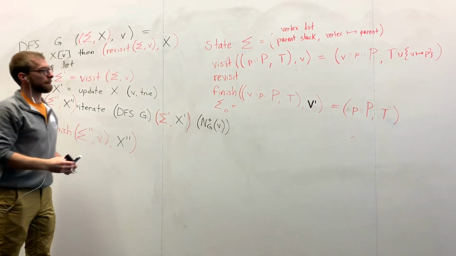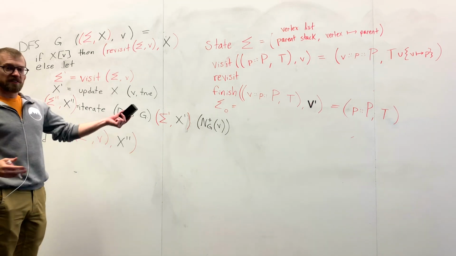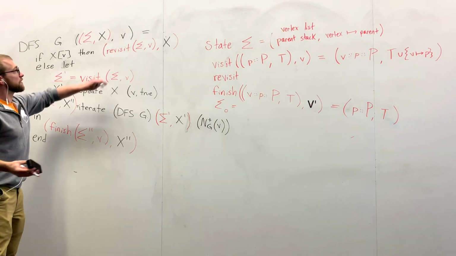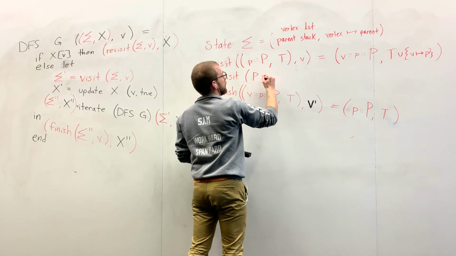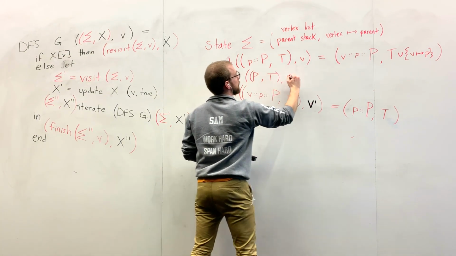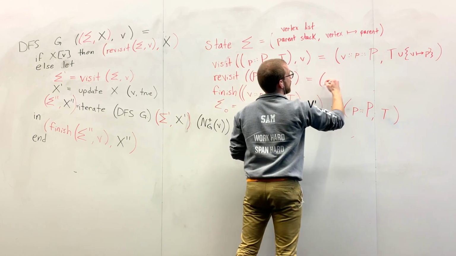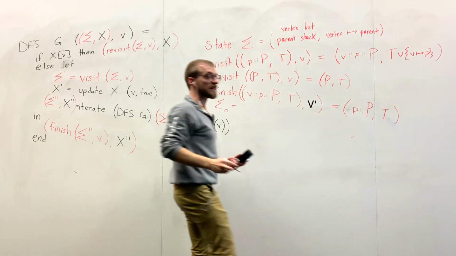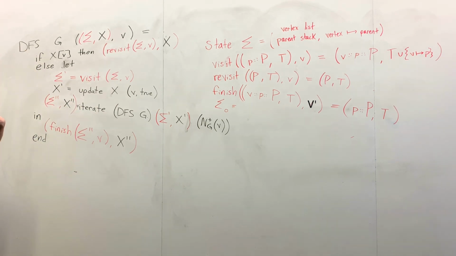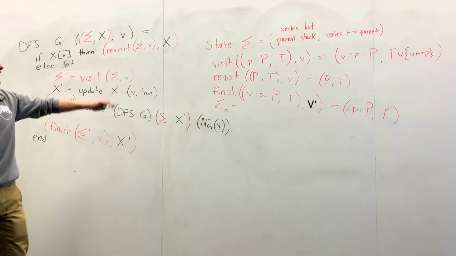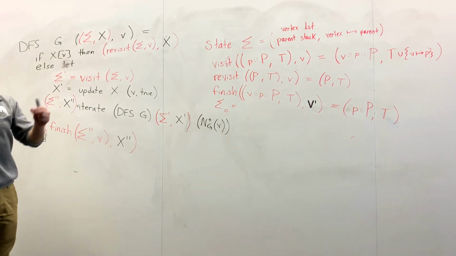When we revisit a vertex, we don't have to do anything. So you can see here, revisit, we can just return the same values that we got in. And the last thing we have to ask is, what are the initial values that we pass in here when we call DFS for the source vertex?